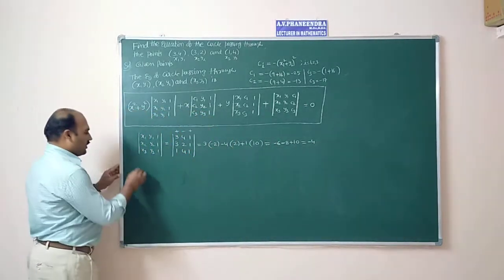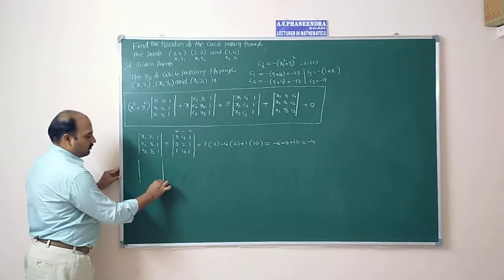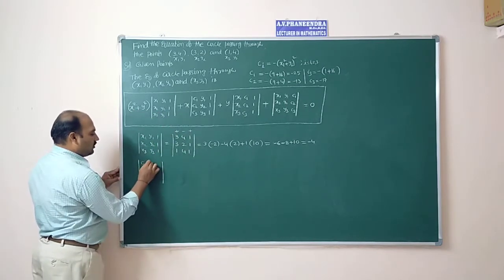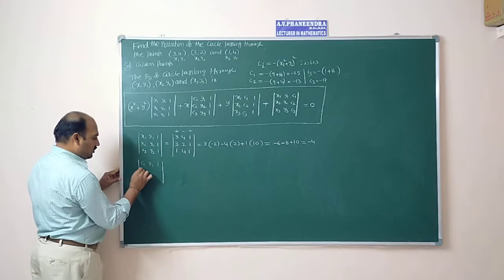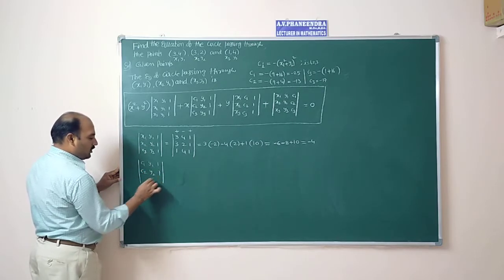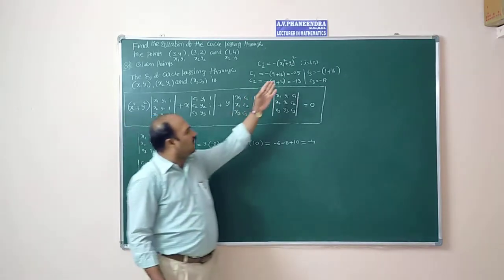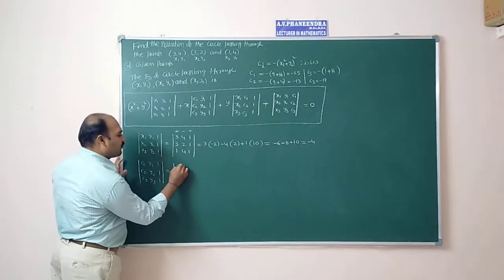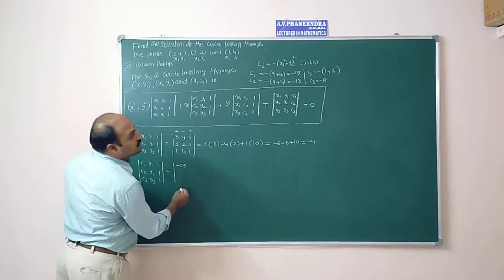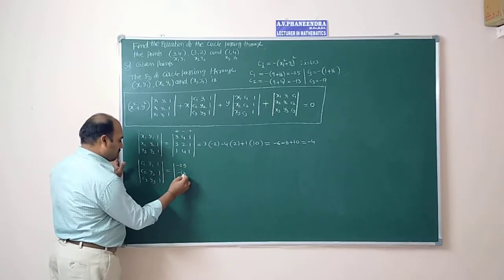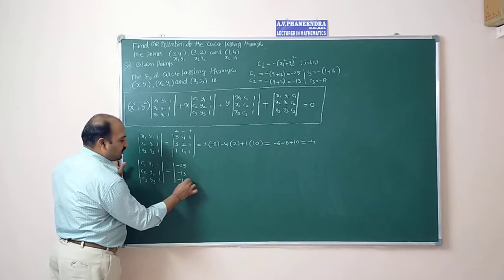Come to the second determinant: C1, y1, 1; C2, y2, 1; C3, y3, 1. Directly write C1, C2, C3: minus 25, C2 is minus 13, C3 is minus 17.